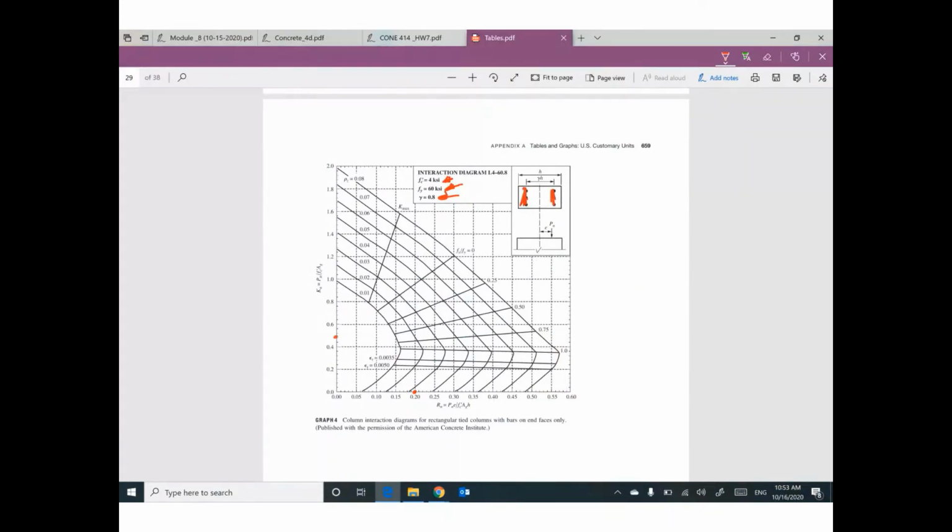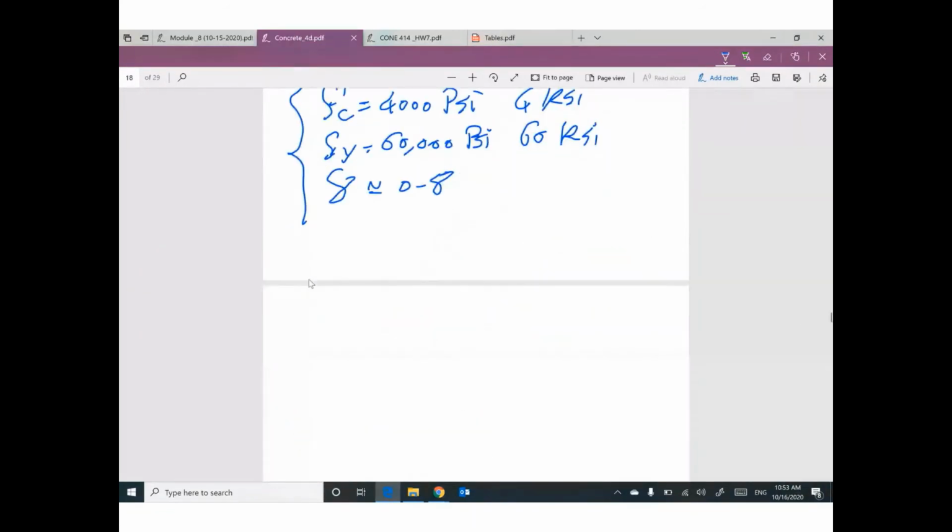Can you go horizontally? Can you go vertically? This intersection is at the curve with rho equal how much? 0.02. That's it. Rho equal 0.02.